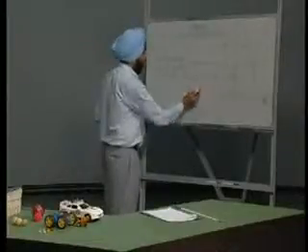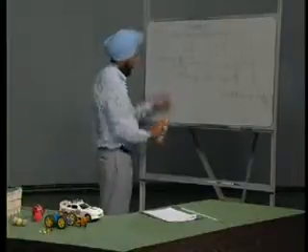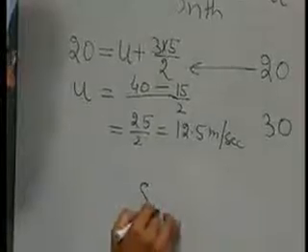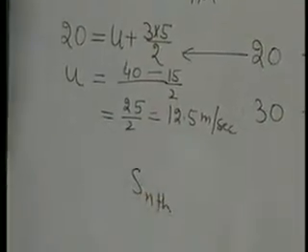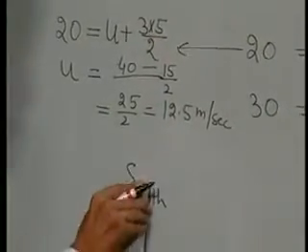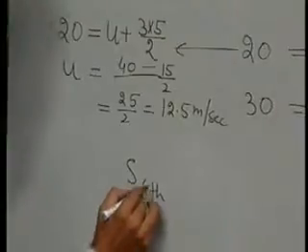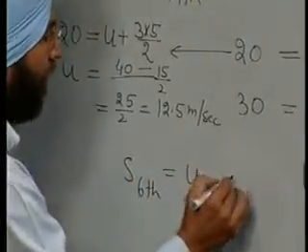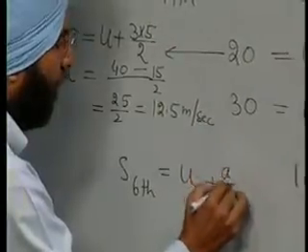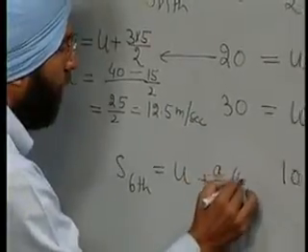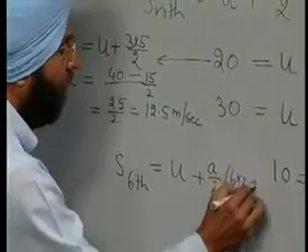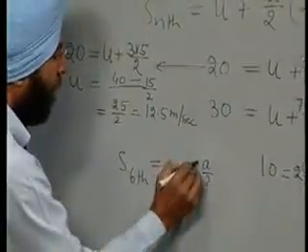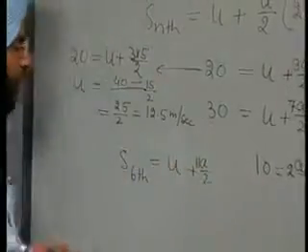Now, we have the values of A and u. We substitute these values in the S6th. S6 is u plus A by 2 into 6 into 2 minus 1. So, we have 11 A by 2.